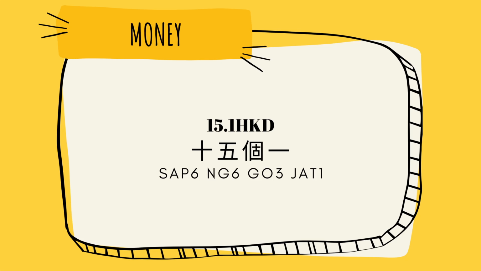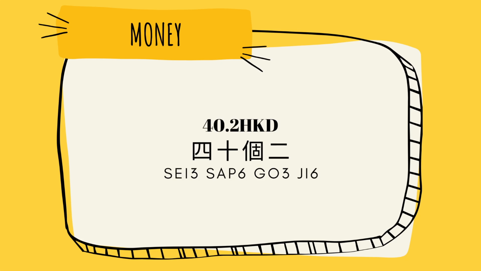Note that 二 is used for 2 10-cent units when a figure involves both dollar and 10-cent unit, and also 半 is used for 5 10-cent units in such case.